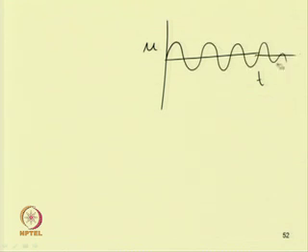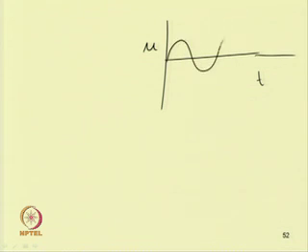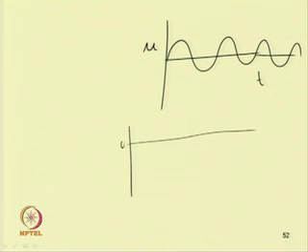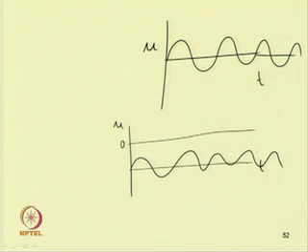This is when quadratic nonlinearity was not there. Now, due to the presence of this quadratic nonlinearity, there will be a drift, that is, this is u equal to 0, and one can have the response of the system this way.